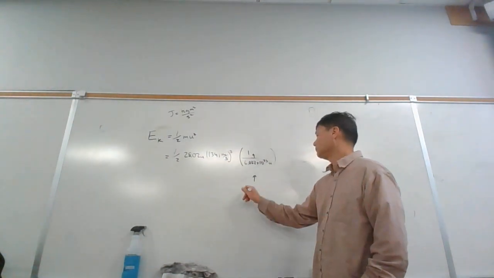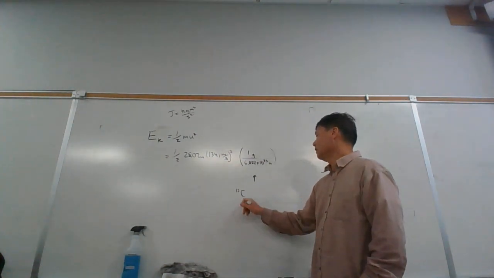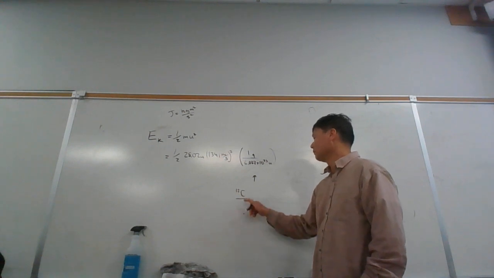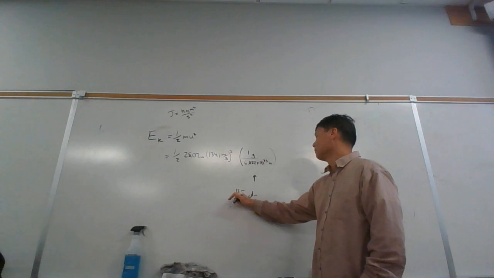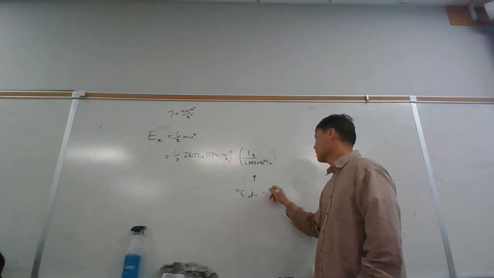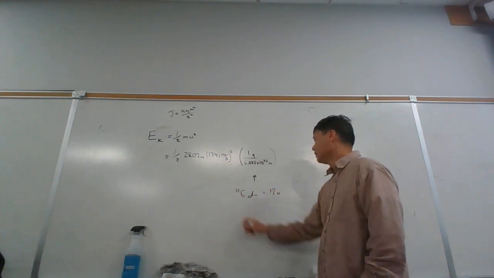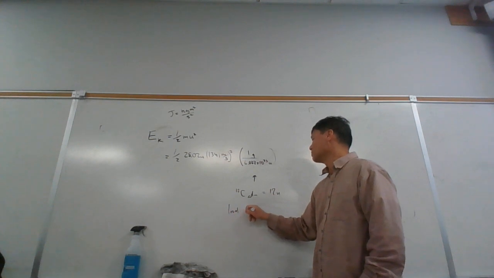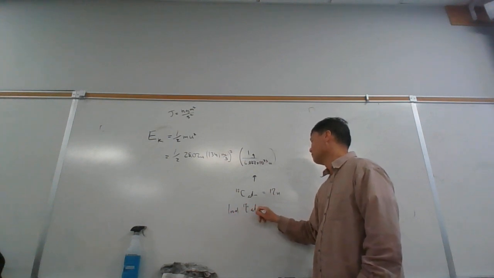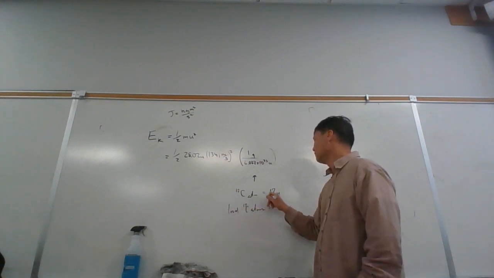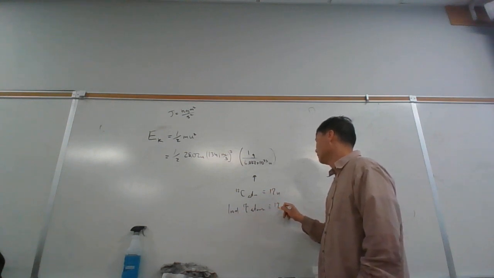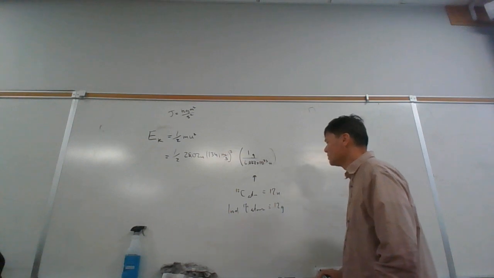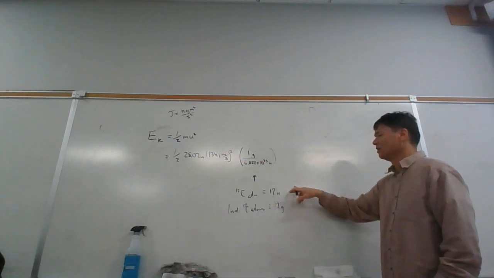Yeah. The definition of a U is a carbon 12 atom weighs exactly what? Exactly 12 U. And then 1 mole of carbon 12 atoms weighs exactly 12 grams. So we can use these two definitions to derive this.